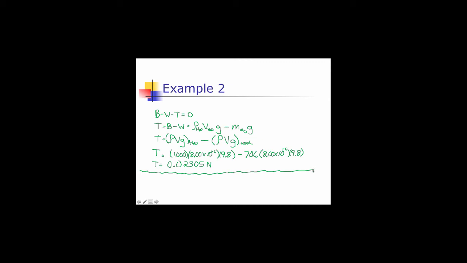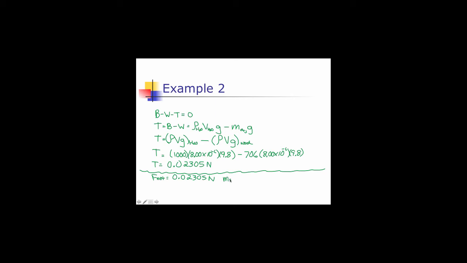Now, when we cut the string, then we have a net force upward that is equal to the tension. So we can find the acceleration of the wood.